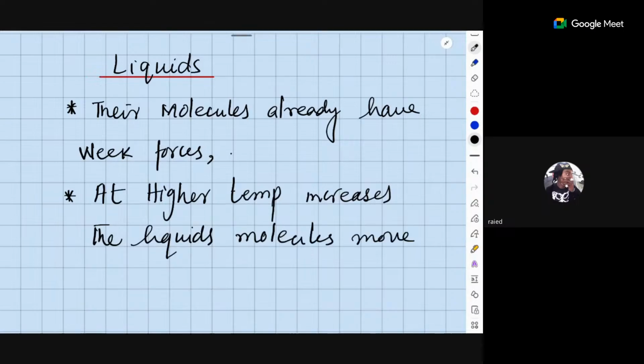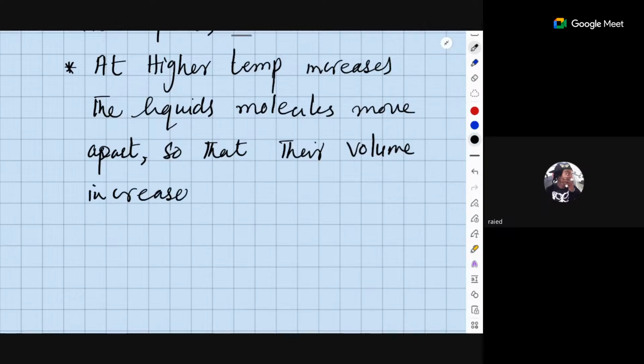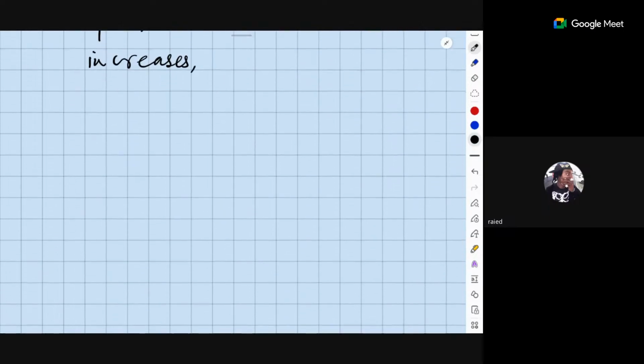And when they move apart, their volume increases. Is this clear to you? Actually, in liquids, there is a very interesting mechanism of volume increase. I'm going to show you that.